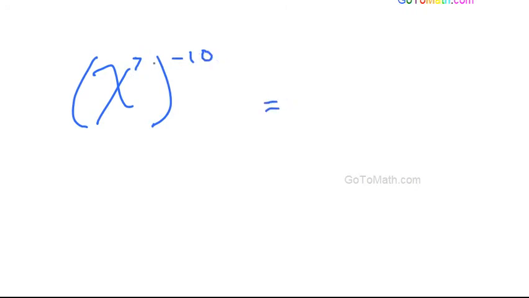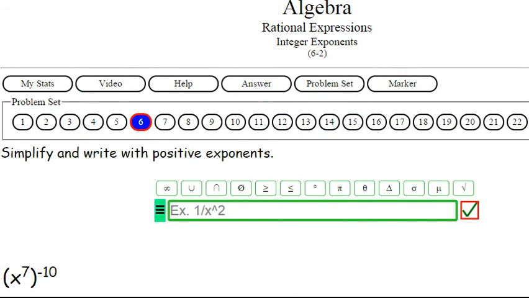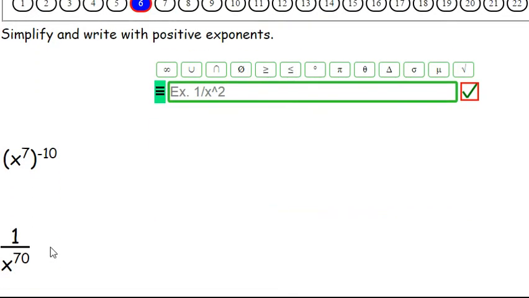So what do we do with these? We multiply them, remember, like in the last problem. So that becomes negative 70, but we want to write with positive exponents, so this becomes 1 over x to the 70th power. Okay. Easy enough. 1 over x to the 70th.